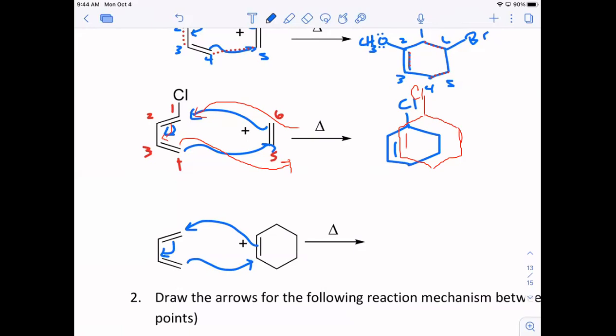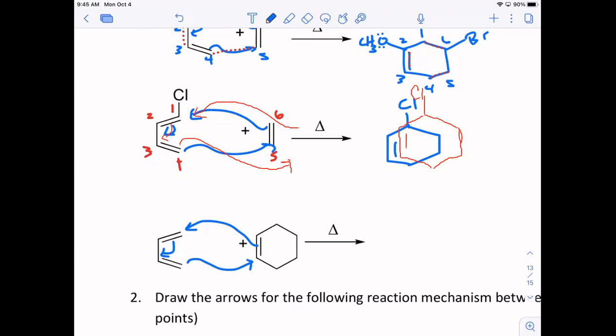Yeah, that's all symmetrical. So it doesn't matter how we arrange them. This is just getting reps putting the arrows in, but they can be anywhere. We're going to do a problem that has a diene on both sides of a dienophile, like 2 alkenes. So yeah, it can be on the left or on the right, it doesn't matter.